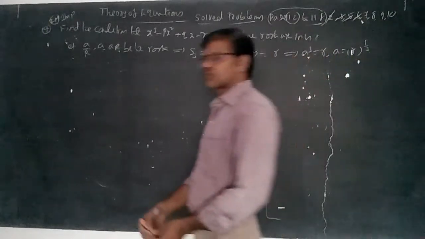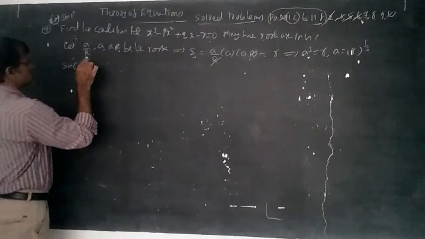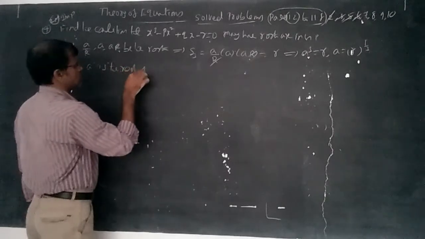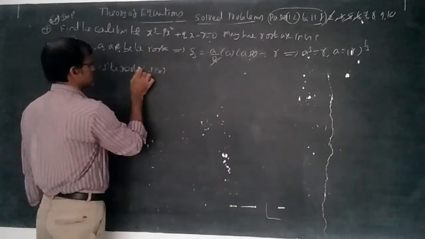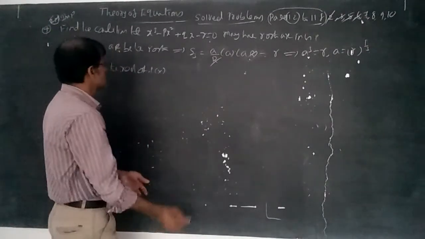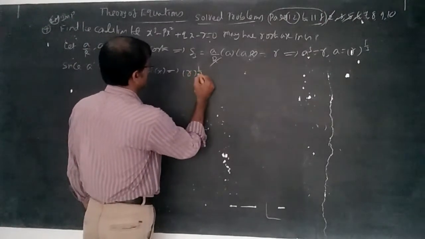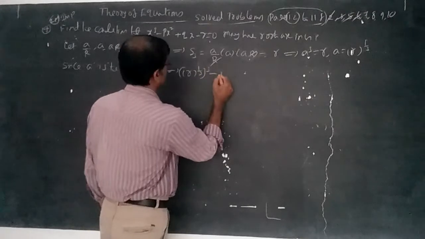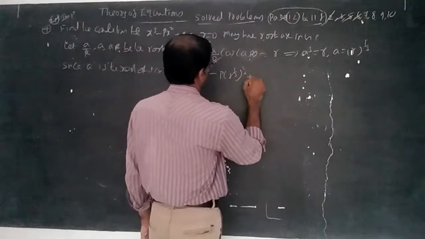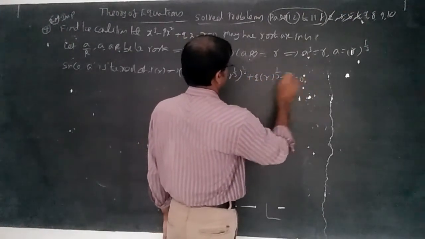Since a is the root of f of x, substitute the value, because we thought a by r comma a comma a r, a is a root among all the three roots. F of x, that implies substitute the value: r power 1 by 3 whole cube minus p into r power 1 by 3 whole square plus q into r power 1 by 3 minus r is equal to 0.